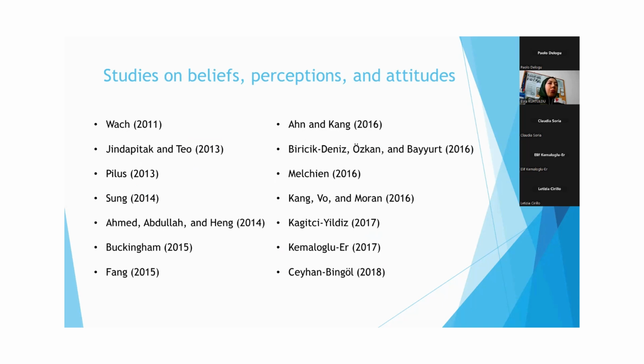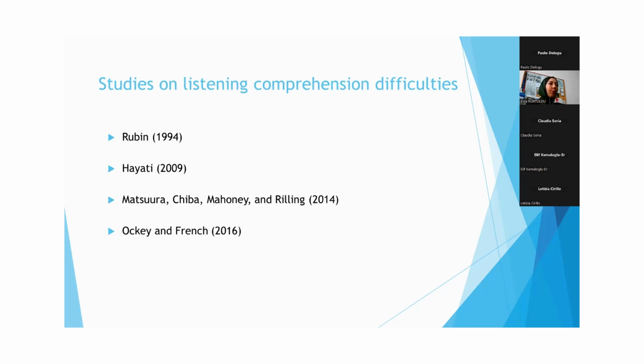And also, most of the studies were conducted with university students. In some studies, the participants preferred the native speaker accents, and in some studies, they preferred non-native English speakers. So there is no generalization, we can say.